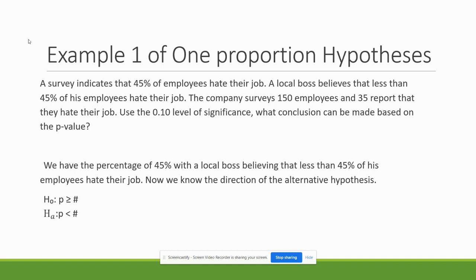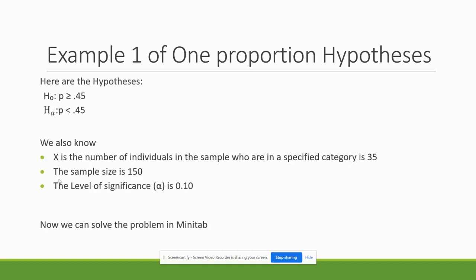All right. So we have the percentage of 45, with the local boss believing that less than 45% of his employees hate their jobs. Now we need to know the direction of the alternative hypothesis. Because he believes it's less than, I'm going to choose this scenario right here, and I'm pulling that from my table of hypotheses.